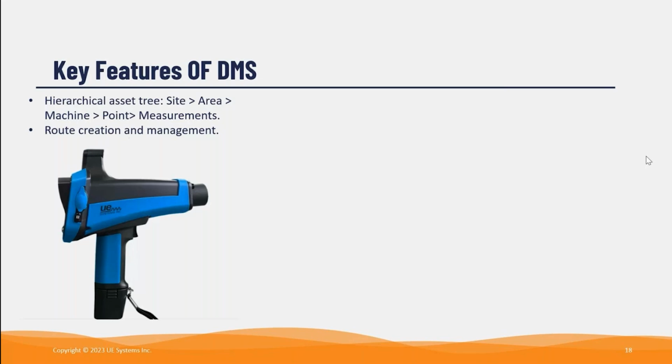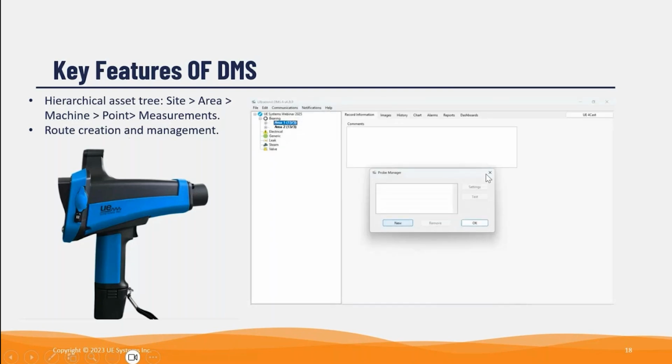Let's upload this data to the instrument itself. So if we want to transfer the route to the UB15000, we have two types. We have the latest version, UB15000, in the blue color. To begin, we need to go to the communication window and select configure probe.